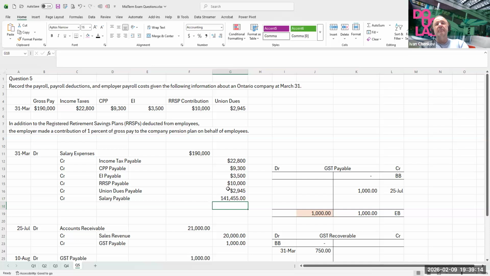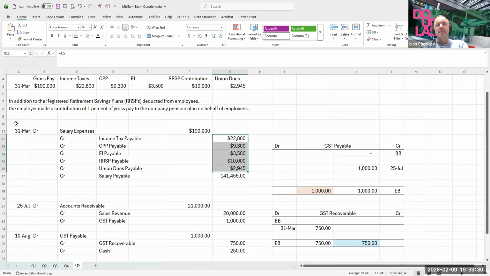So the employee, we're going to pay them eventually $141,455. Their deductions will be in the amount of $48,545. That's for the employee.